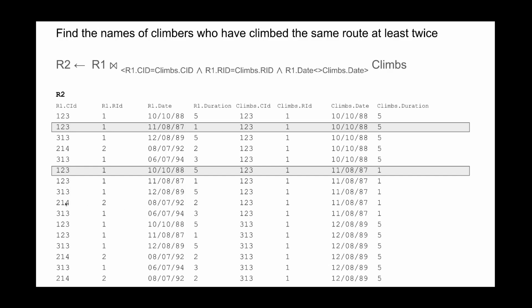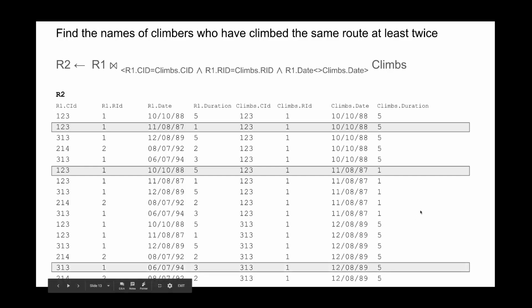If we continue, we can find that near the end we're going to have 3, 1, 3, 1 and this date, 3, 1, 3, 1 and this date. So this is the same, but if we go a little down, we have this with a different date. So this is going to be selected.